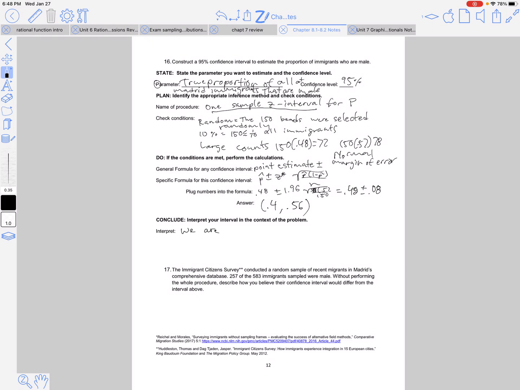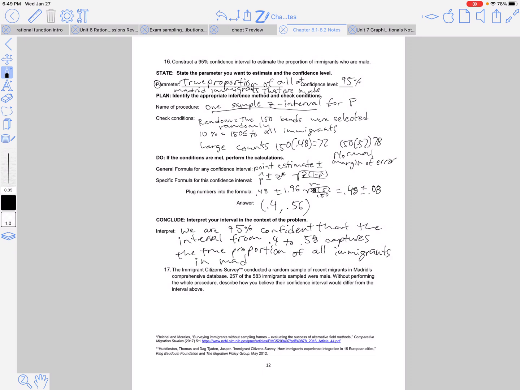We are 95% confident that the interval from 0.4 to 0.58 captures the true proportion of all immigrants in Madrid that are male.